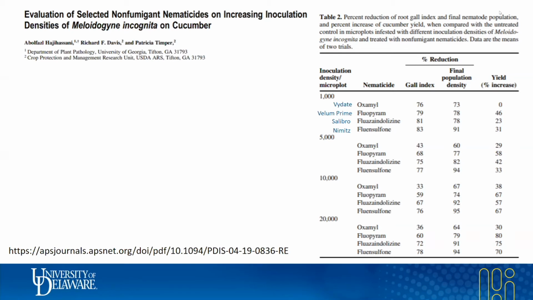What they're showing here is the percent reduction in galling and the percent reduction in final populations. And then we see that overall yield increase compared to the control plots where they had these nematodes added but no products. So in this trial, they were looking at Vydate, Velum Prime, and Nimitz, which I just talked about. And they also had a product in here that is called Celero.